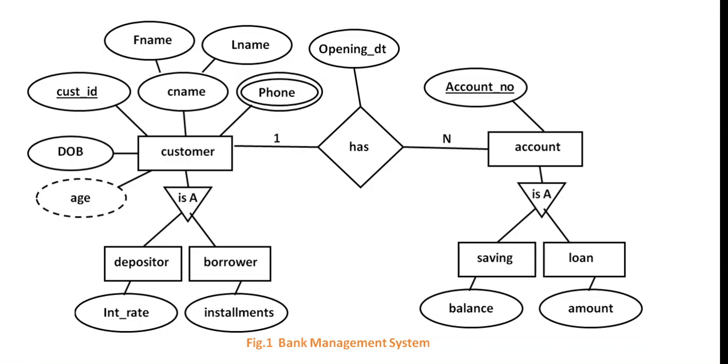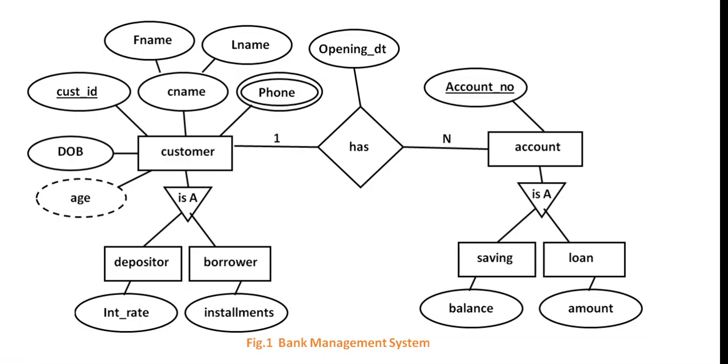And borrower is a person who is a customer of the bank but has a loan. So borrower is paying some installments for the loan, so installments is an additional attribute for borrower. Though depositor and borrower are both customers of the bank and share common attributes, they also have their own additional attributes. That's why we have shown a specialized relationship here.